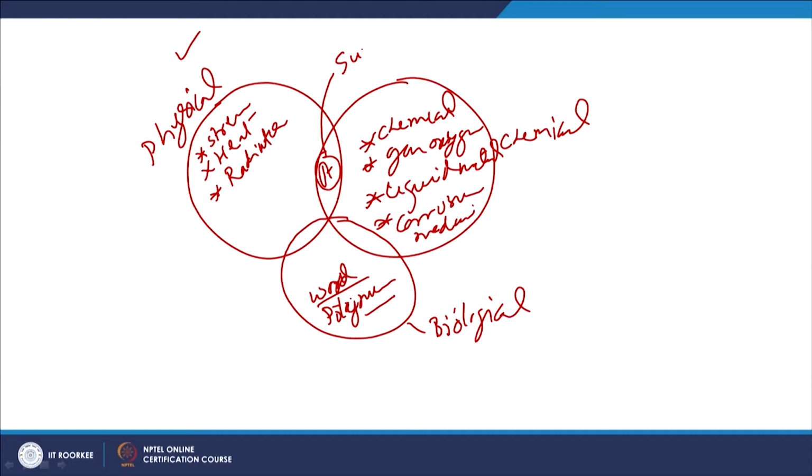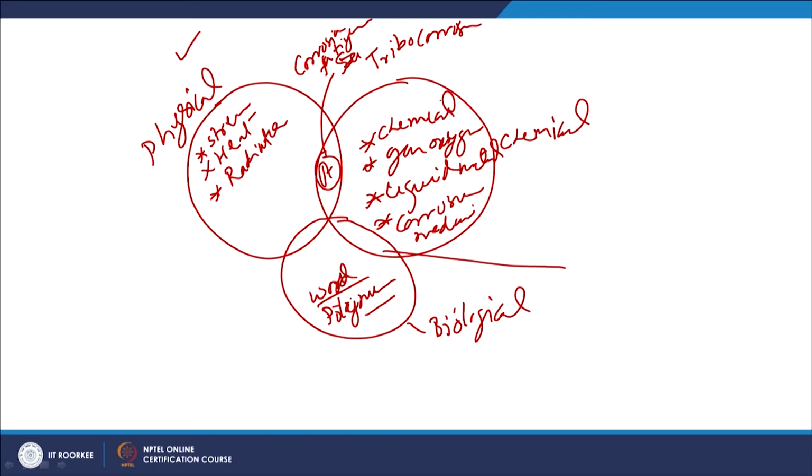That will be indicated by this kind of zone A, which shows that in this zone there will be certain activities combining the effect of physical and chemical interactions, and examples of such damage are corrosion fatigue, this is one aspect, and another one is tribocorrosion, where both physical as well as chemical phenomena are involved.